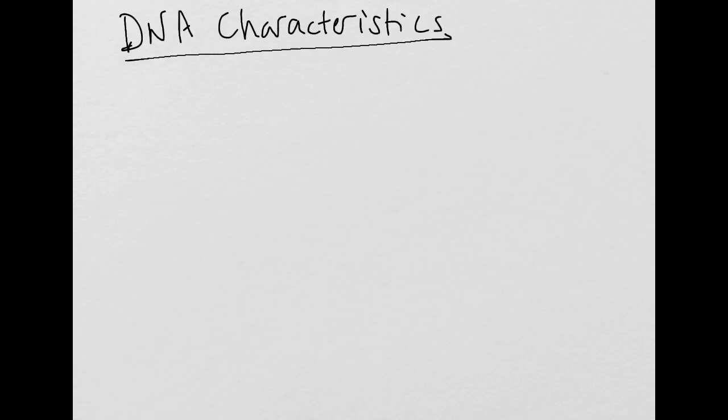All right, so let's talk about DNA characteristics. What makes it special? Well, as we've already said, it's made up of nucleotides. Okay. And these nucleotides create the ladder that we see.